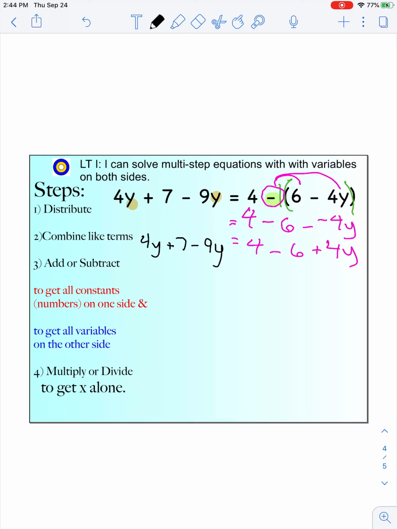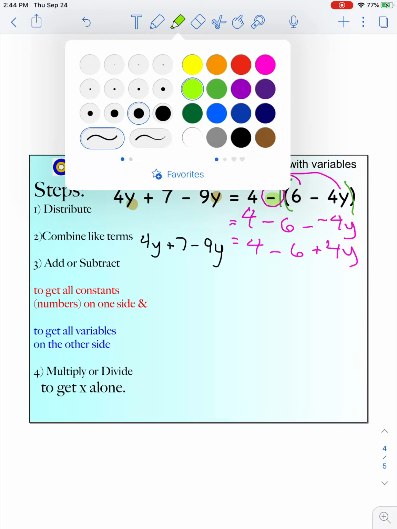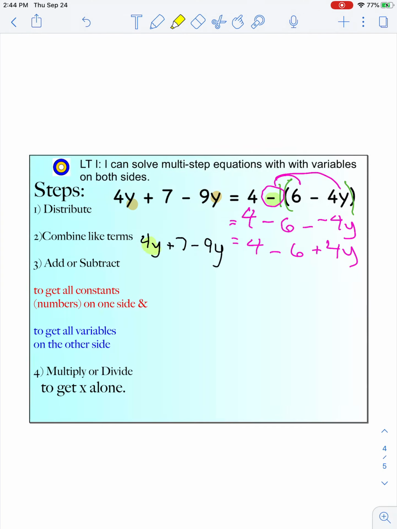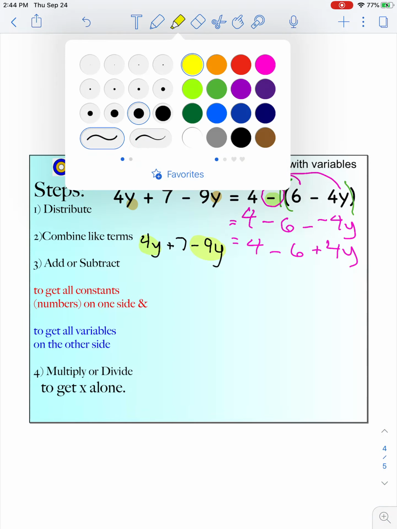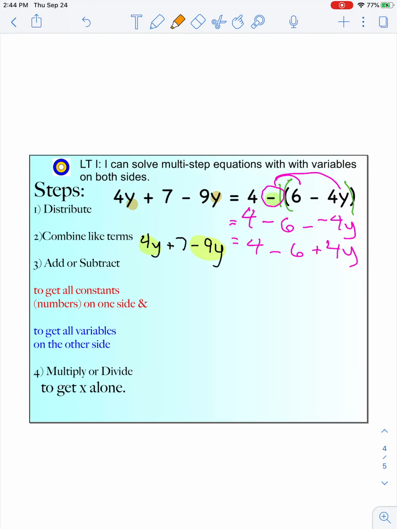Now, we haven't had one like this yet, I don't believe, but what's happening now here is we have 4y and -9y on the same side of that equal right here. So now we don't add or subtract the opposite.